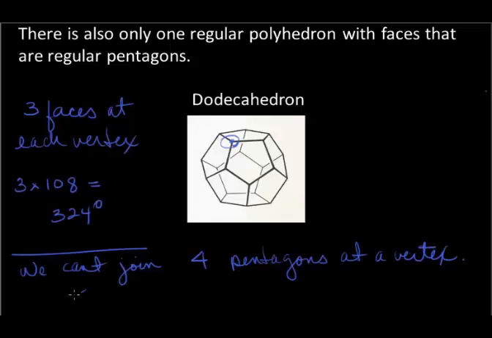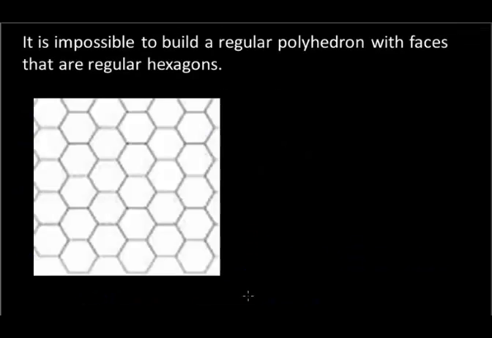Well, because 4 times 108 is bigger than 360 degrees. So, of course, we're not getting the 3D effect. We have to have the total number of degrees less than 360. So far we have 5 regular polyhedrons. 3 made with triangles, 1 made with squares, 1 made with pentagons.